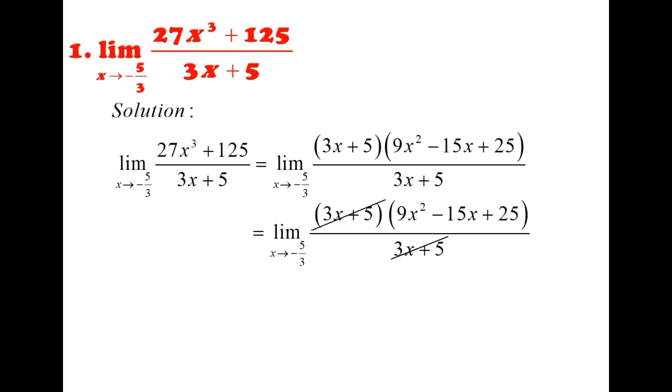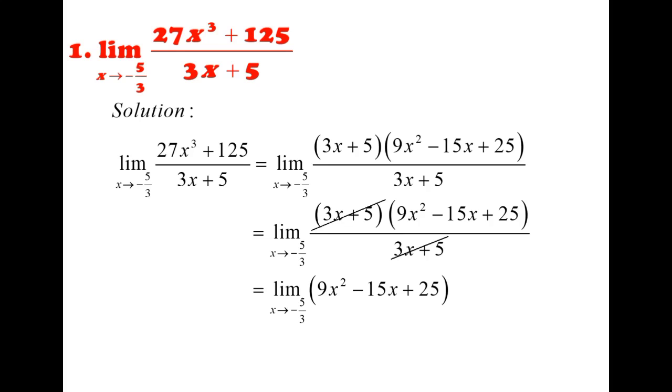We have now the limit of the quantity 3x plus 5 times the quantity 9x squared minus 15x plus 25 all over 3x plus 5 as x approaches negative 5/3. Cancelling the 3x plus 5, we are left with the limit of the quantity 9x squared minus 15x plus 25 as x approaches negative 5/3.